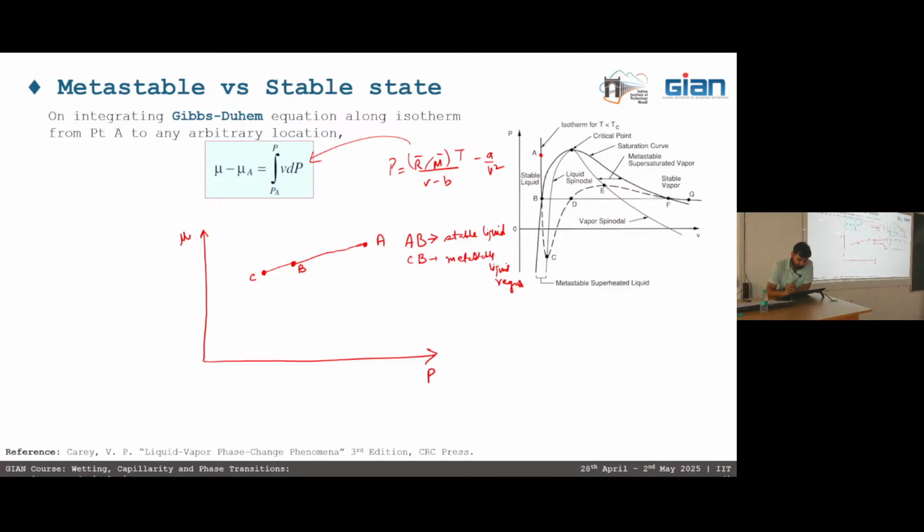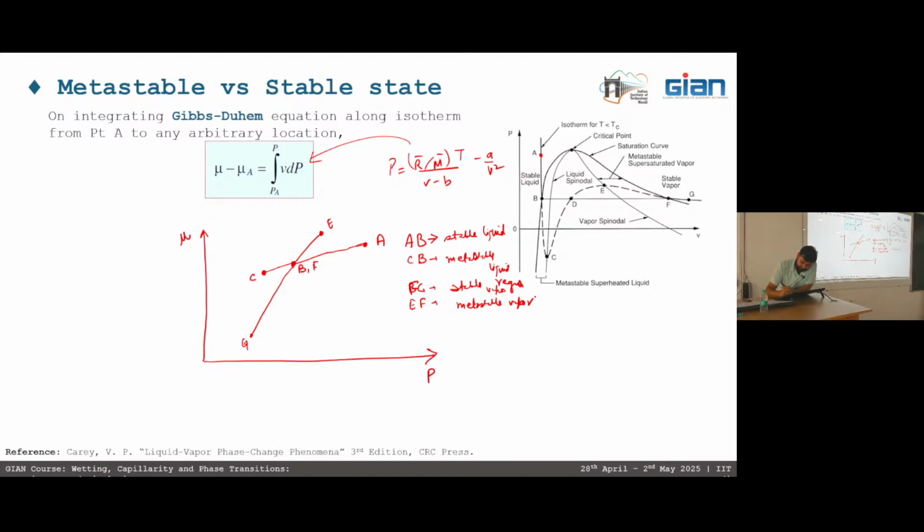Similarly, if we do the same for the other side, we can say that point B and F are at constant chemical potential. So from point F to point G, this would be the curve, and this would be the metastable region until point E. So we can write that FG is your stable vapor, and EF is your metastable vapor region.